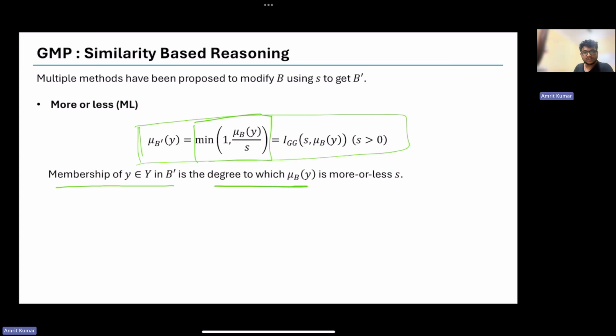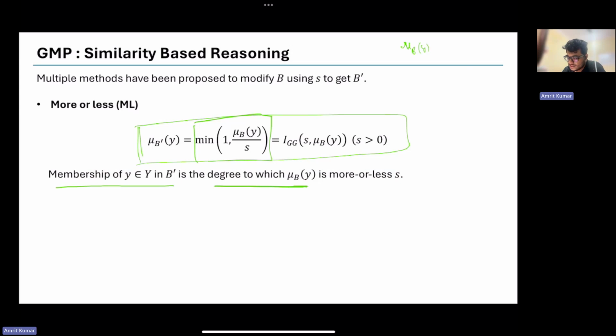So take a moment to recognize this. It may not become very immediate in one go, but think a little bit about what I said. Membership of y in B is mu B of y, right?